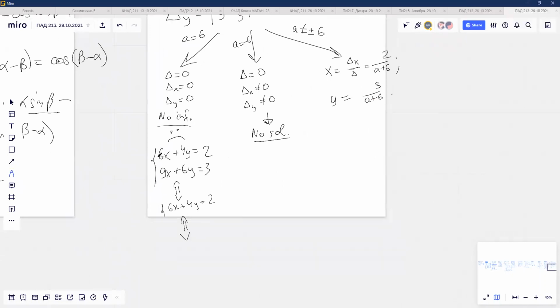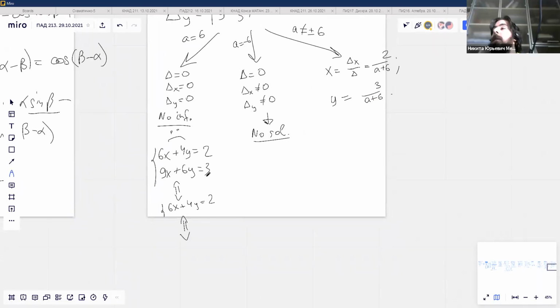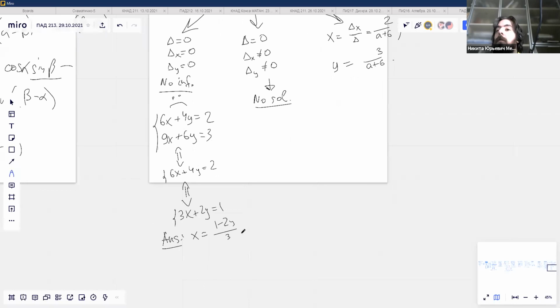In fact, you can use one of them to make the other one 0. So I don't even need to write any matrices because the system is very easy. So there are infinitely many solutions. You can write them like this, or the other way of writing down the same answer is like this.